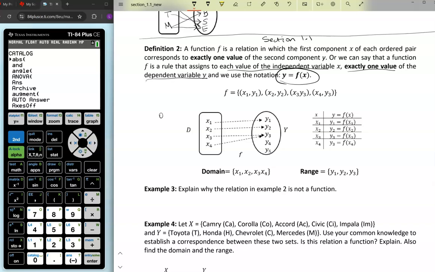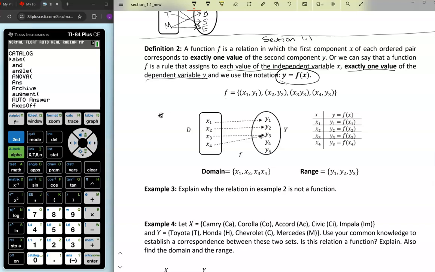So we're going to take a look at this guy here that's in the middle of the page. You notice that we have a function given to us as an ordered pair where x1 corresponds to y1, x2 corresponds to y2, x3 to y3, and x4 to y3. So x3 goes to y3, see that mapping right there, and x4 goes to y3, that's that mapping right there.